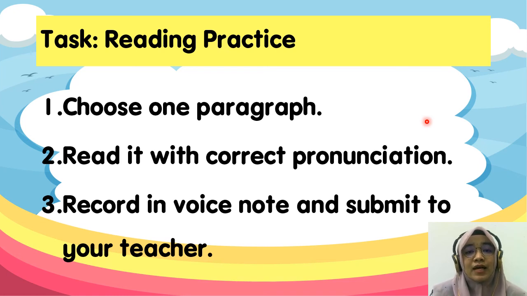After that, number 3, you have to record it in a voice note and submit it to the teacher. Remember to only choose one paragraph. If you have anything, please let me know, as usual.